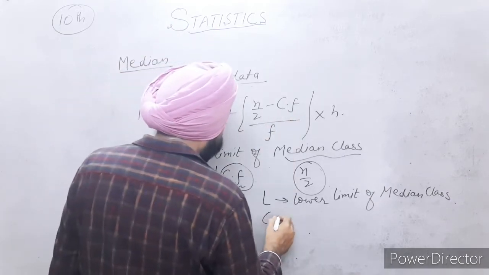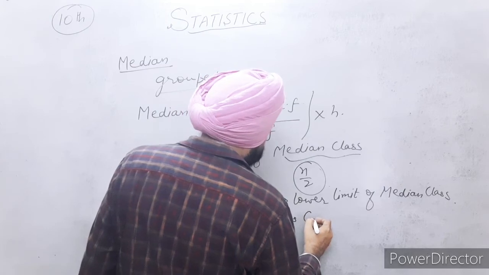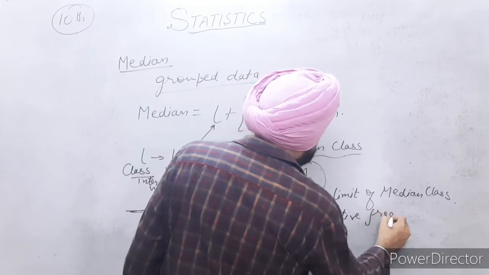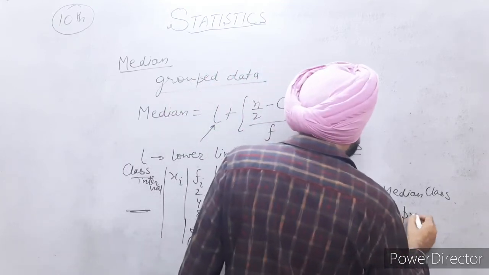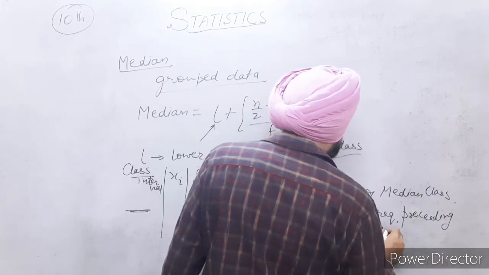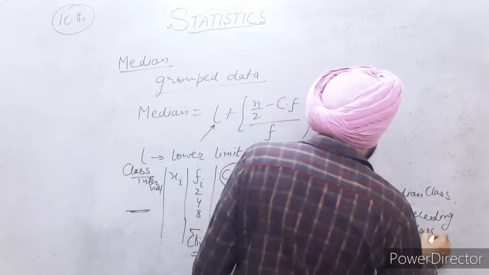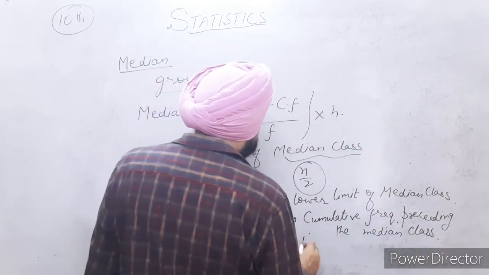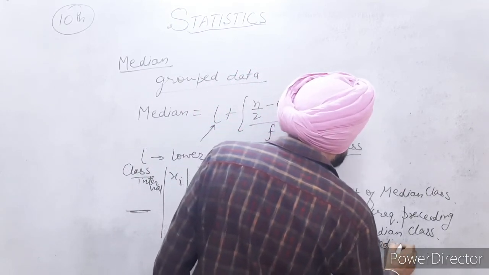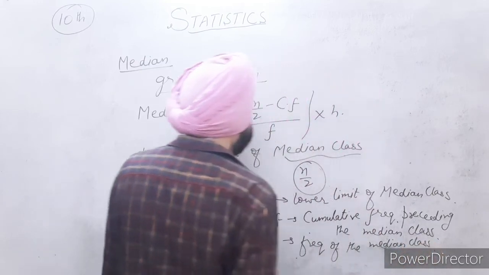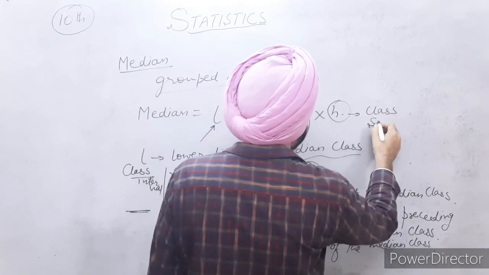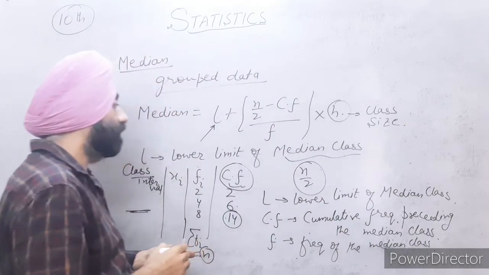Then Cf is the cumulative frequency preceding the median class. F is the frequency of the median class, and h is of course the class size.